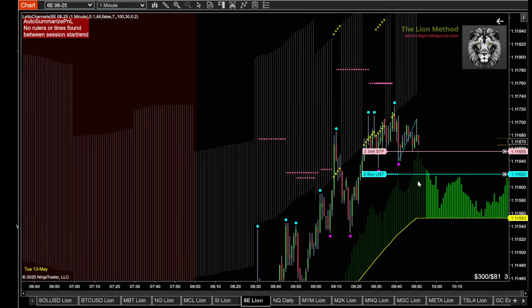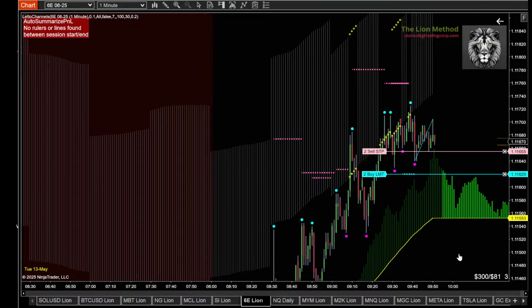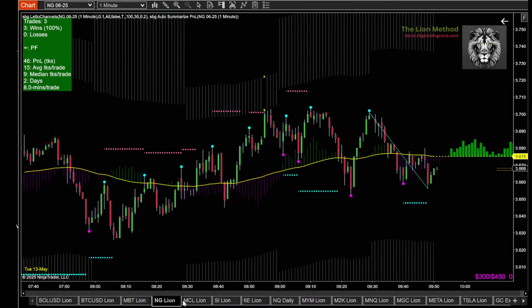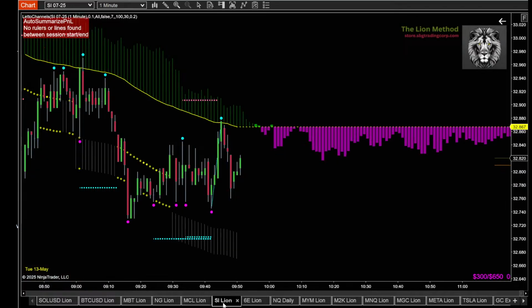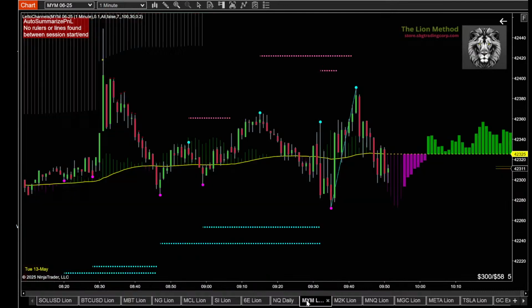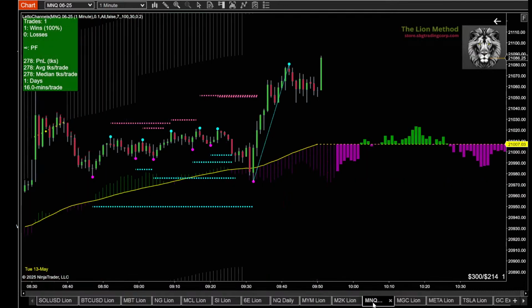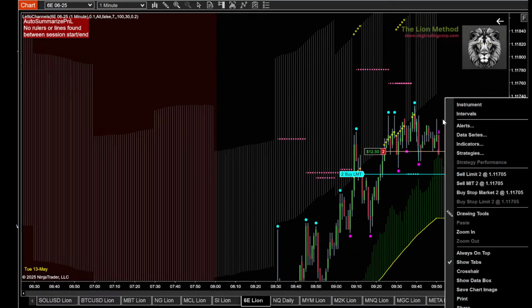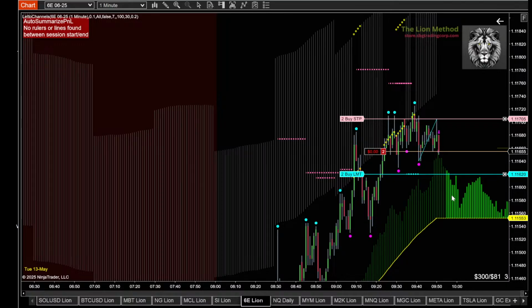Not excited about that, but we can get in and out with a scalp. That'd be nice. Gas, crude, silver. Let's find a little bit of a bottom. Again, it's ranging. All right, so we're short in the 6E, guys. That's it. That's the trade right there. Let's see how we go.